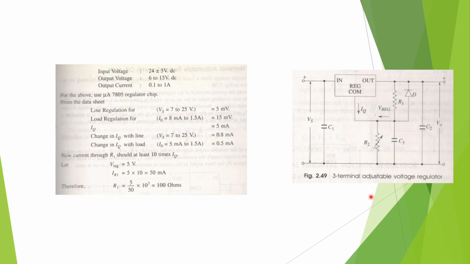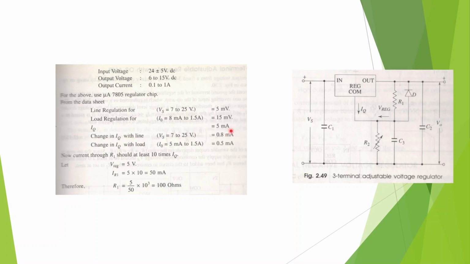So we choose the ready-made IC MUA 7805. From the data sheet we know that its line regulation is 5 millivolts for the input voltage varying from 7 to 25 volts. Load regulation is 15 millivolts for the output current ranging from 5 milliampere to 1.5 ampere.